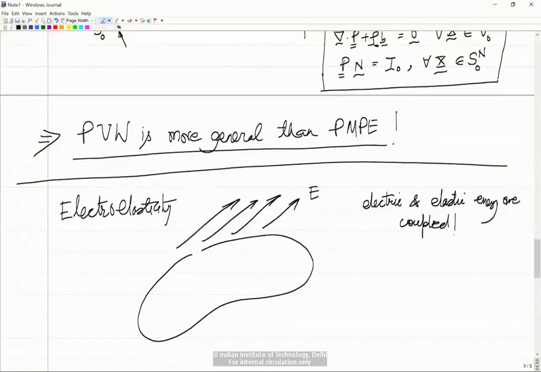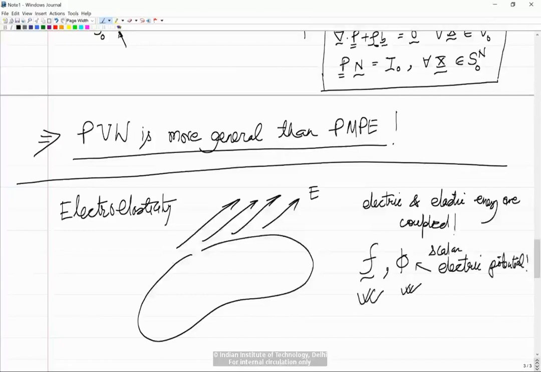So what are the unknowns here? The unknown here for the mechanical part is that same small f, and for the electric part the unknown is the electric potential, and that's a scalar quantity, scalar electric potential. So how do we get the governing equation to solve for small f as well as phi?